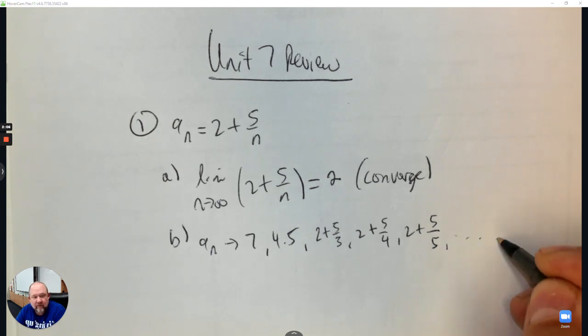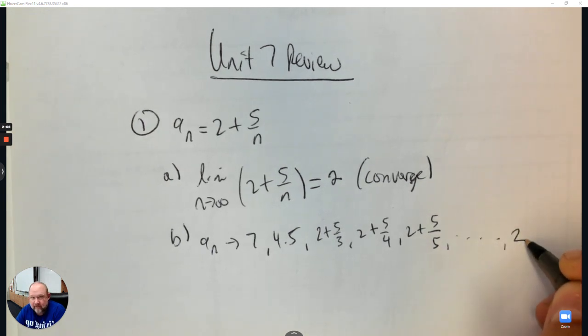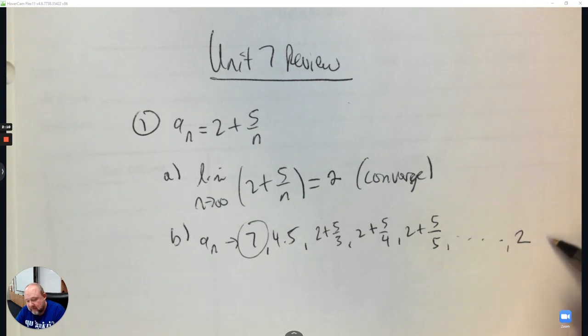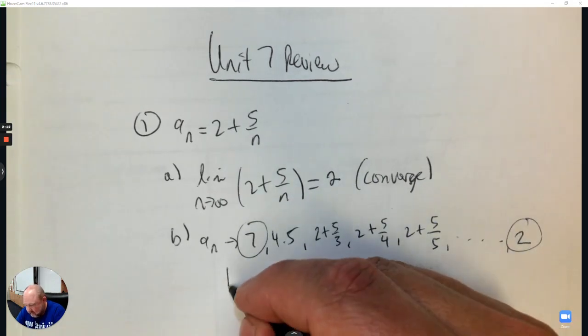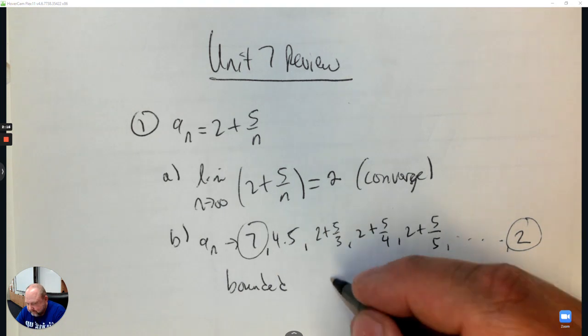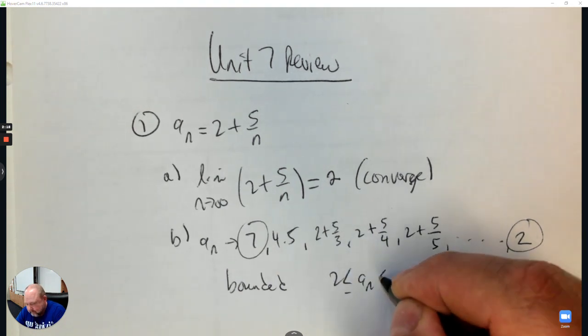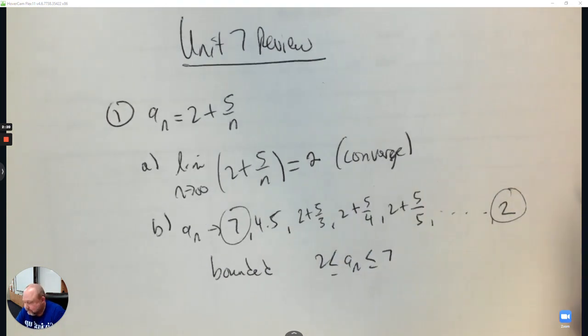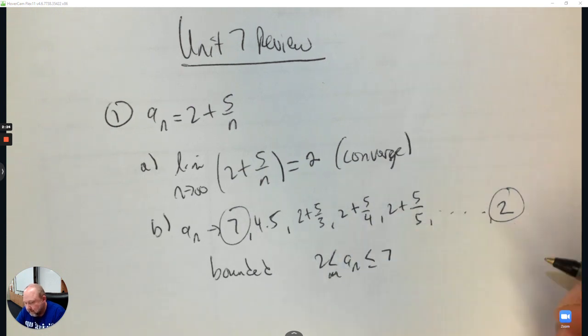So this answer is eventually going to get to 2. And the largest answer was 7. So this is bounded between 2 and 7. It won't be equal to 2.